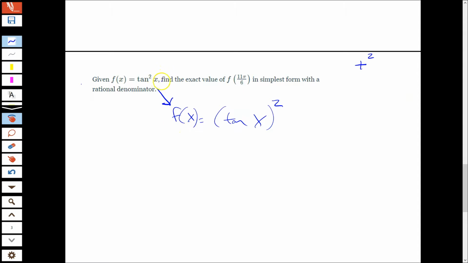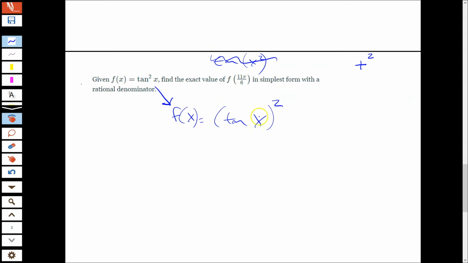That's what that means. The reason that we write it this way, tangent squared of x, is because if you write it the other way and you don't use parentheses, it looks like tangent of x squared, right? And we want to avoid confusion, so we put the squared on the tangent, just so it's super clear what we're squaring, and it's the whole thing that we're squaring, because this looks like this, right?